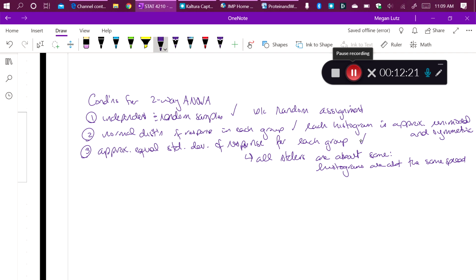The last thing that we need is to make sure that we have a quantitative response. We should probably have checked this first. A quantitative response and 2 categorical predictors. And that has been satisfied. The response is the weight gain in the rats.